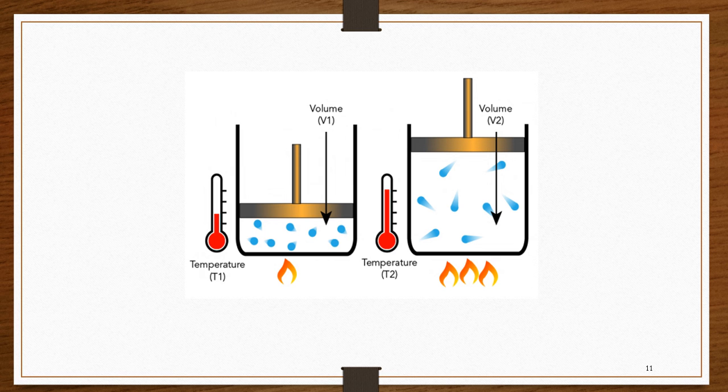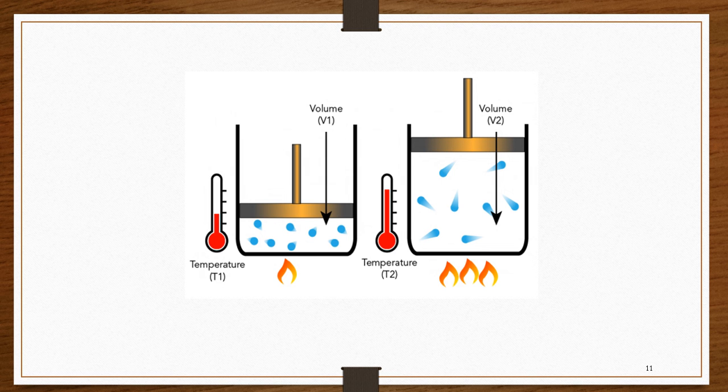And remember, the condition is that pressure is constant. When you increase the temperature, the volume will also increase. But when you decrease the volume, the temperature will also decrease. The volume and temperature in Charles' law are directly proportional.